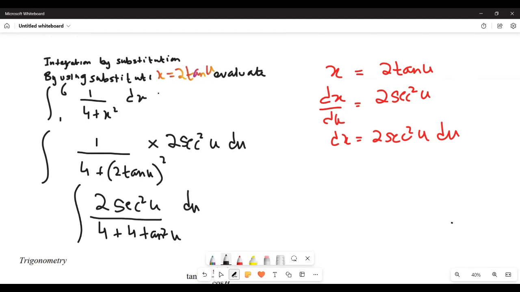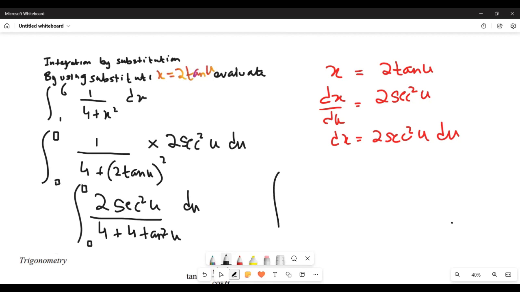Why did I not write the limits 1 to 6? Because the 1 and 6 are the values of x, not the values of u. So now it has changed into the form of u, so the limits should be values of u. Okay, we will talk about that later. For now let's just integrate this.